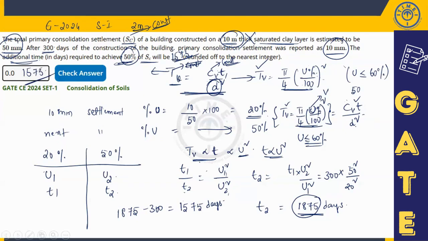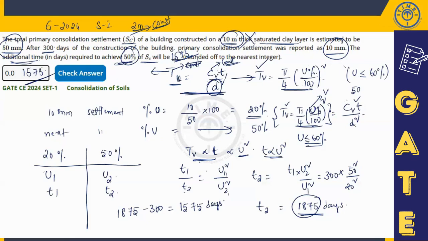Please let me know if anyone has any doubts in this. We have only taken two parameters: Tv equal to Cv t by d square, Tv equal to pi by 4 (U% by 100) whole square. In this, Cv is constant, d is constant, pi is constant, 100 is constant, 4 is constant.